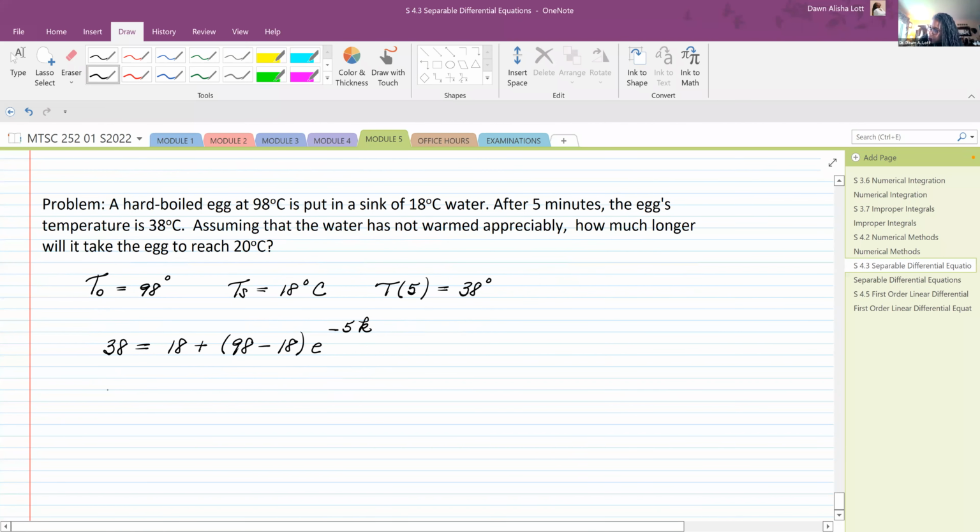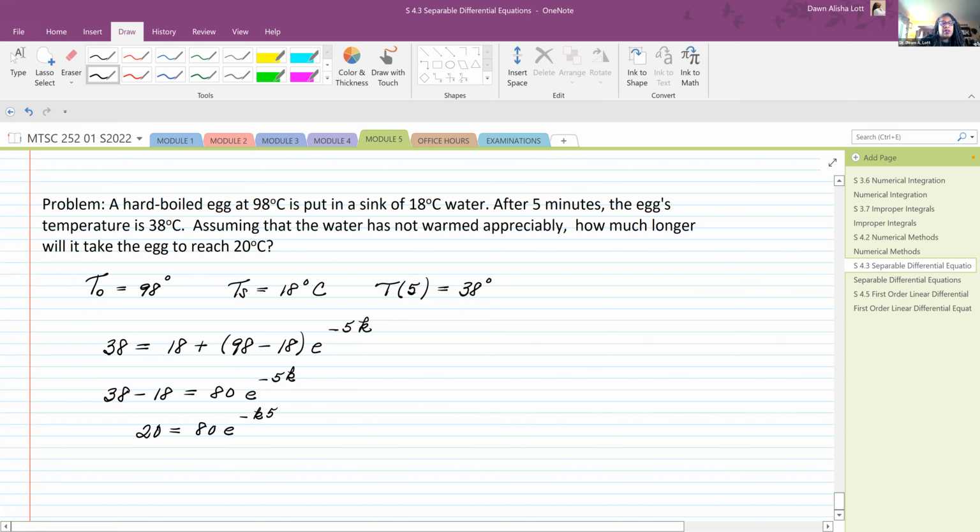So now I get 38 minus 18 is 98 minus 18, which is 80, e to the negative 5K. And over here, I'm going to get 20. So I get 20 is 80e to the negative 5K.